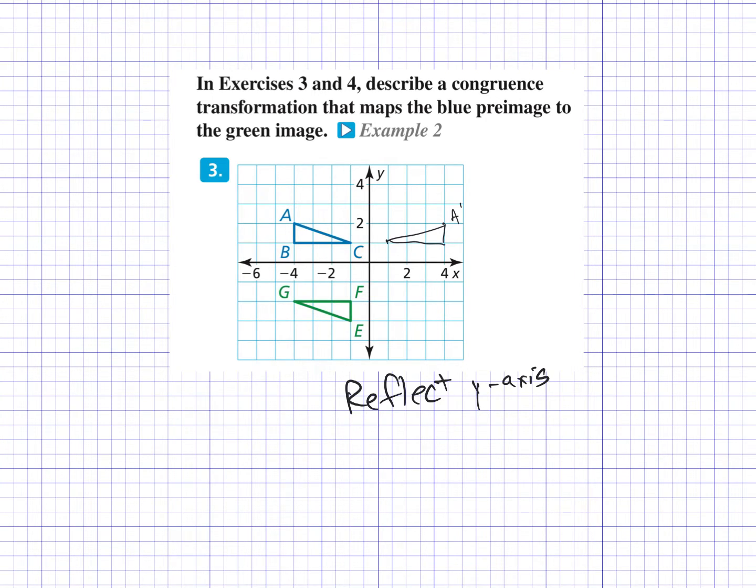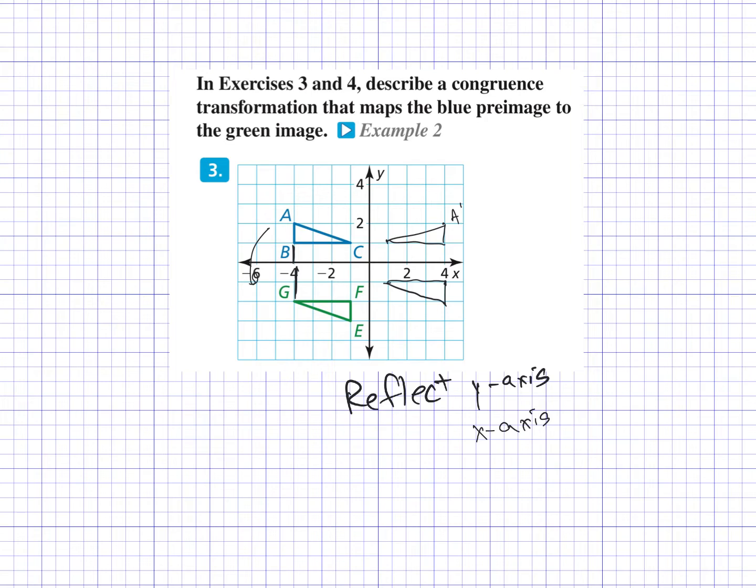And then we reflect over the x-axis, all right, and that would put it down here. And notice it's not quite in the right spot. If you just said reflect over the x-axis this way, the distance here is 1, the distance here is 2.